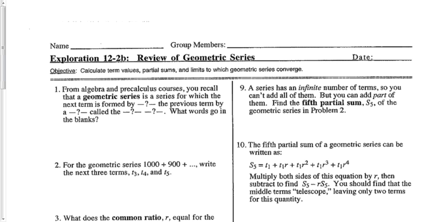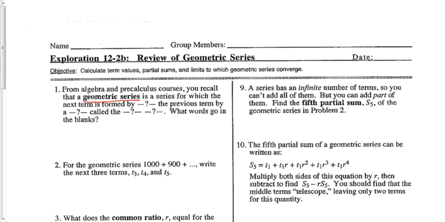Exploration 12-2B, Review of Geometric Series. Number one, from algebra and pre-calculus courses, you recall that a geometric series, again from the front, is a series for which the next term is formed by blank, the previous term by a blank called the blank blank. What words go in the blanks?